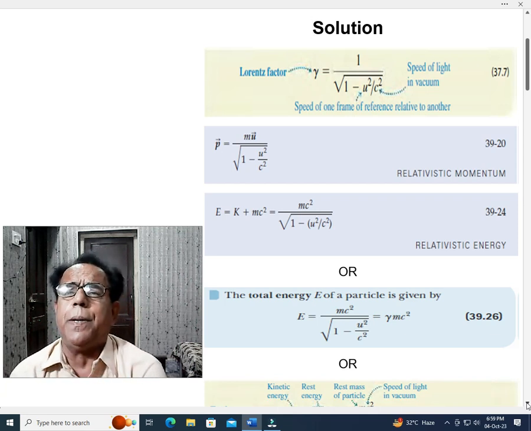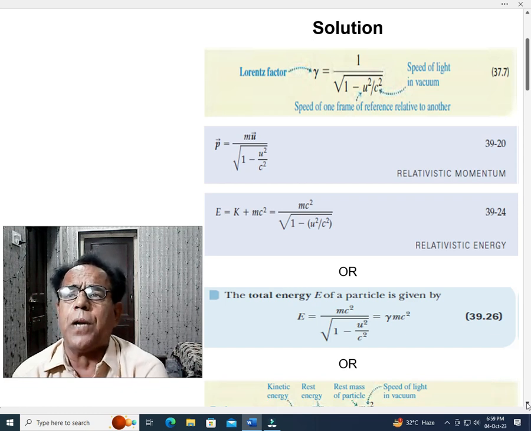Lorentz factor gamma is equal to 1 over under root 1 minus u² over c², where u is the speed of one frame of reference relative to another, and c is the speed of light in vacuum. Okay, our part A will be dealt with in accordance with this snapshot.